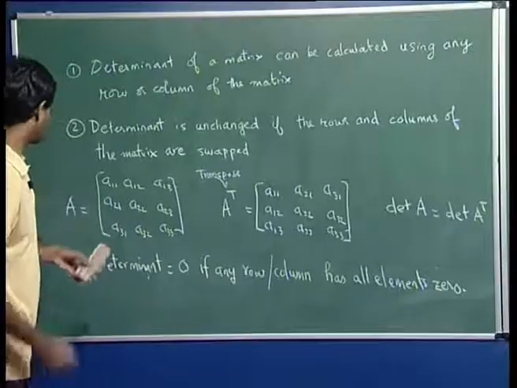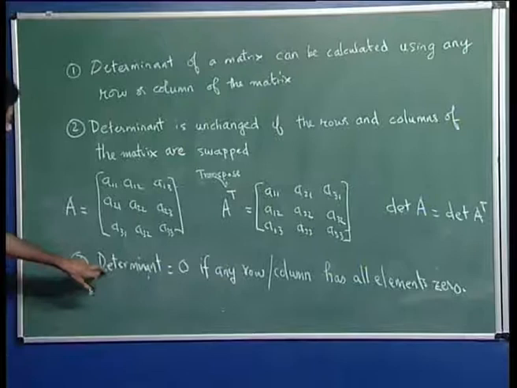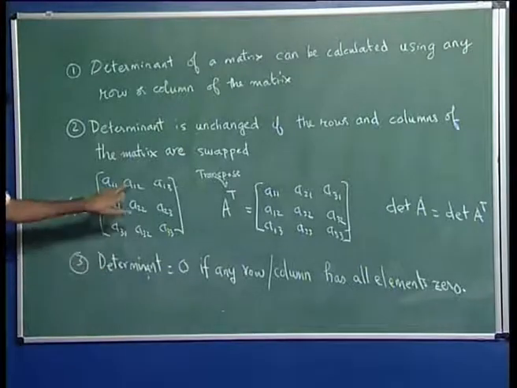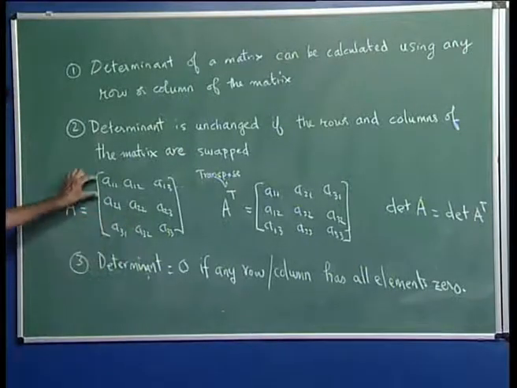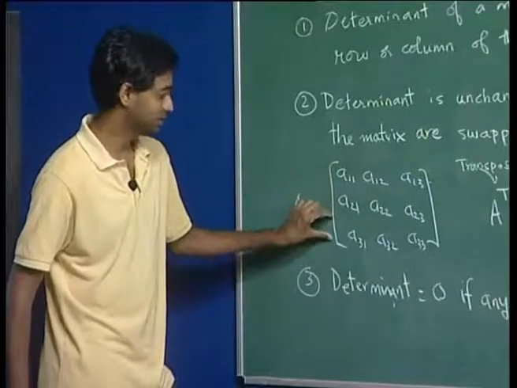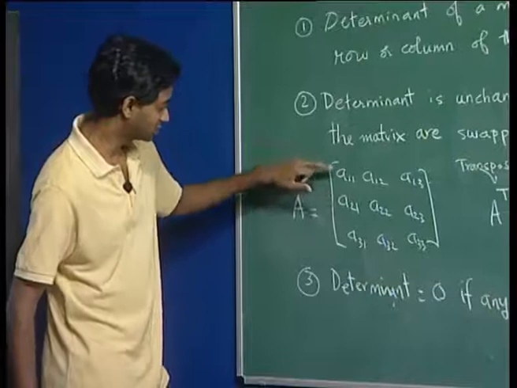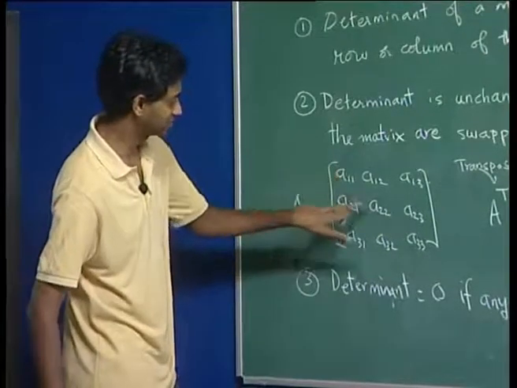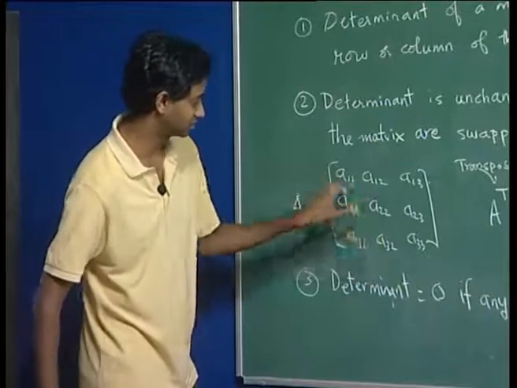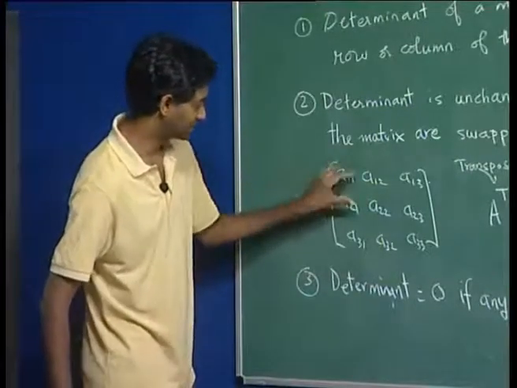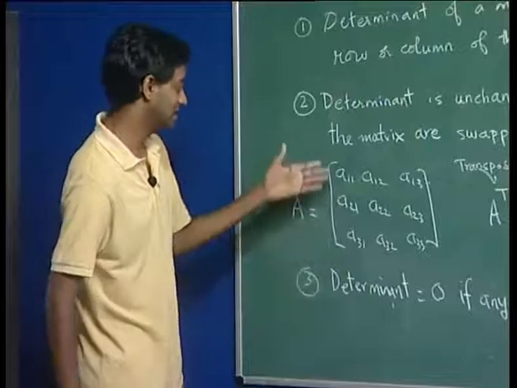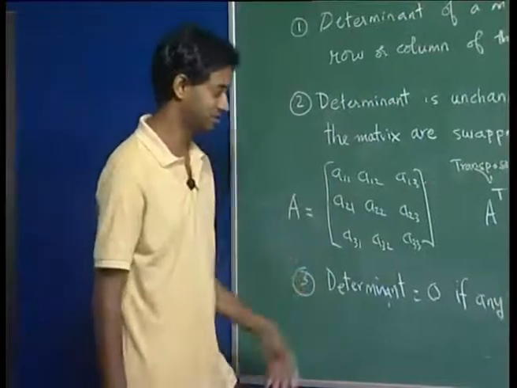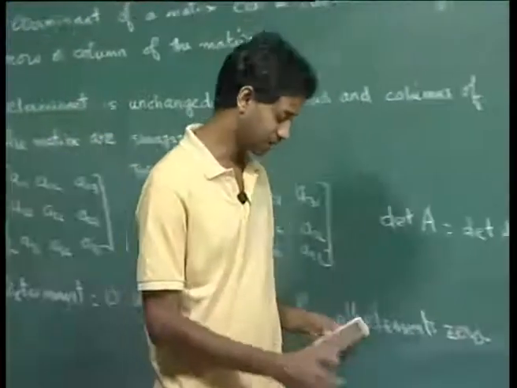This is very obvious to see: if I have any one row or column to be 0, then I can always calculate the determinant using that particular row or column. If I had the first column as 0, I would calculate the determinant using this column, and I would multiply each element by its cofactor, and since each of these is 0, the determinant will be 0.